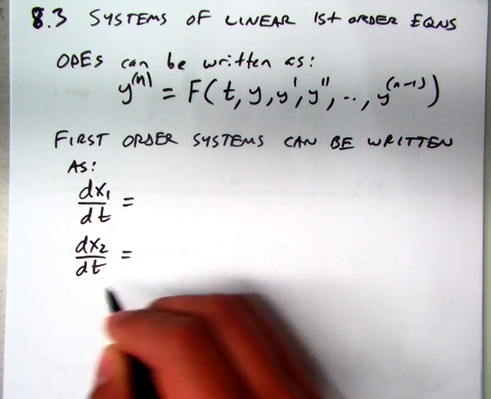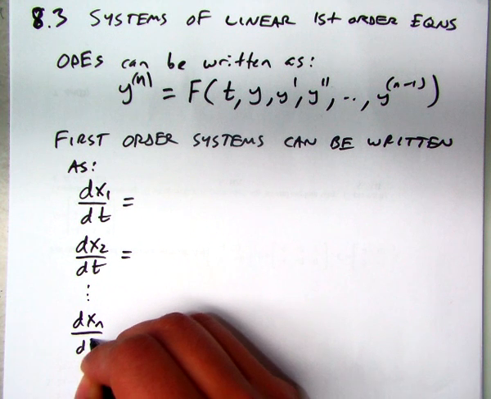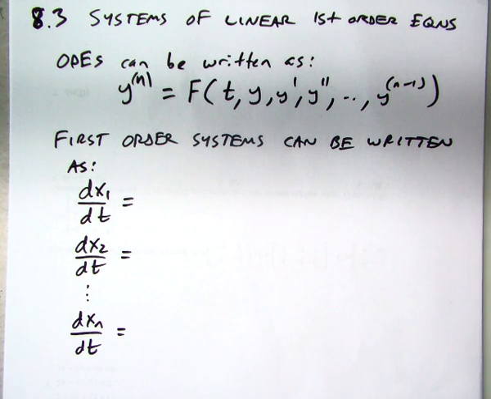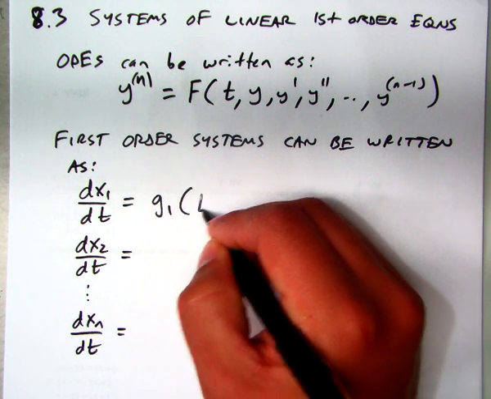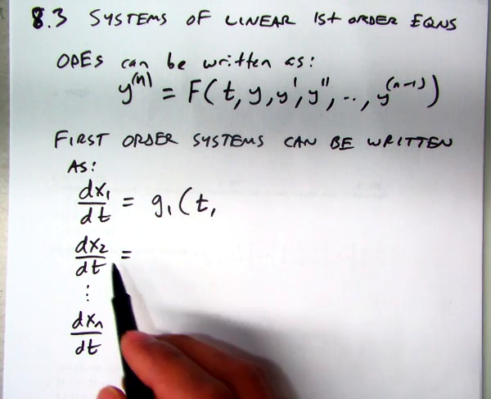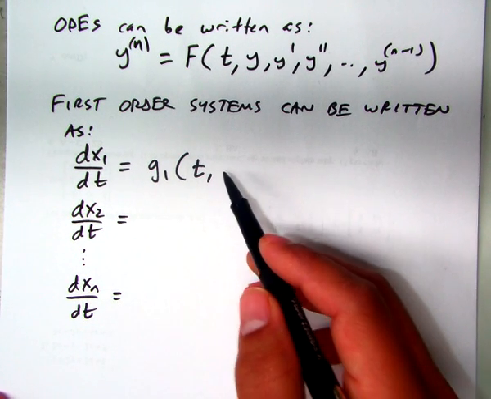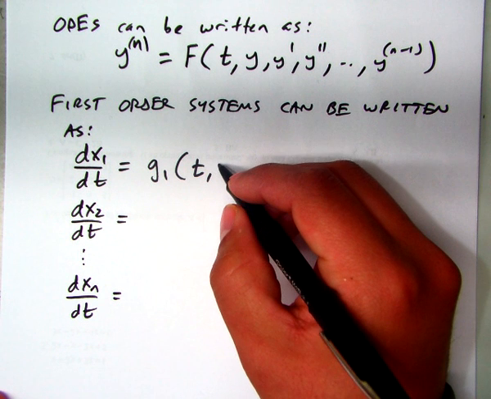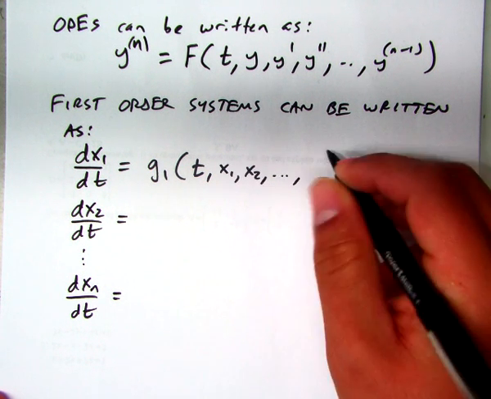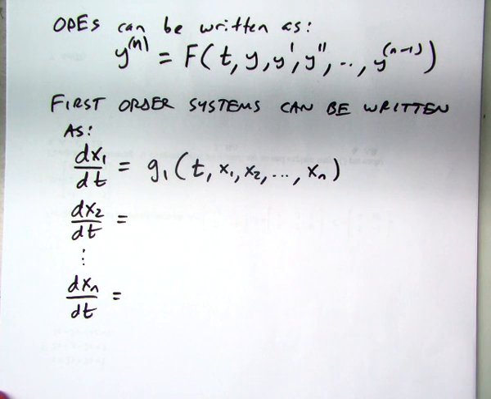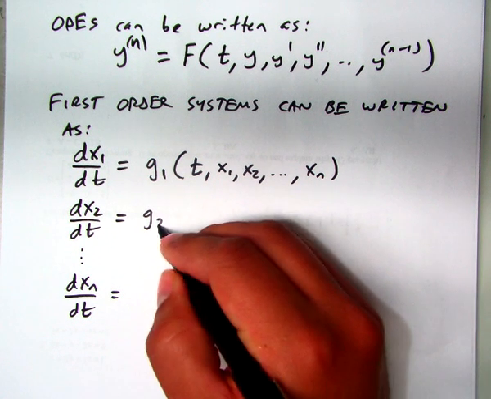We just isolate the derivative, leaving us with a function which we'll call g1, and then we'll have our dependent variable. And if this is a system of equations with n equations, bless you, then you're going to possibly have all the non-derivative variables, so x1, x2, all the way up to x sub n, as the makeup of the function on the other side. And similarly, we can do that with the other ones.